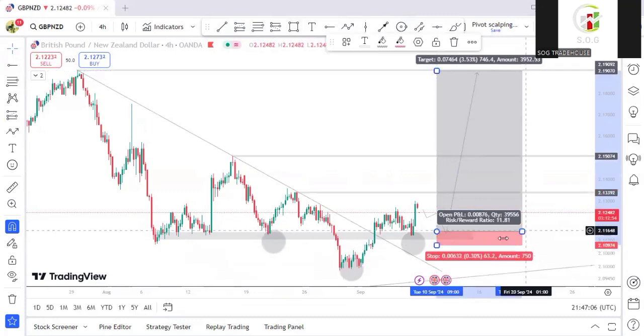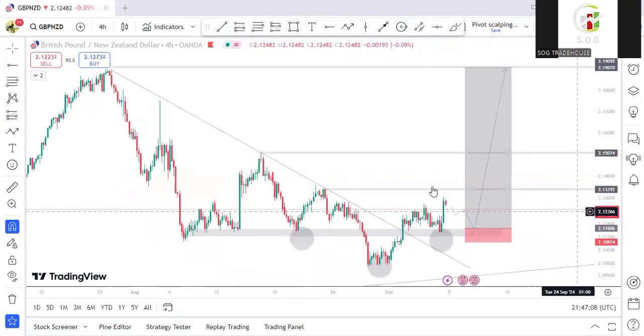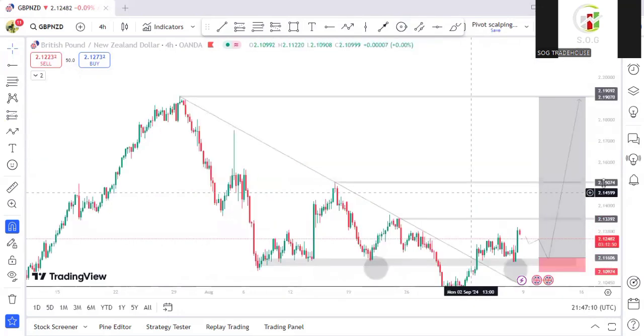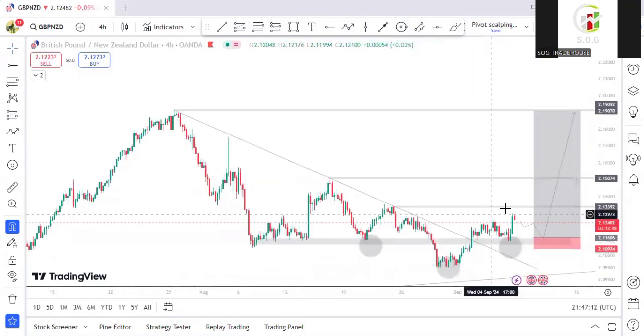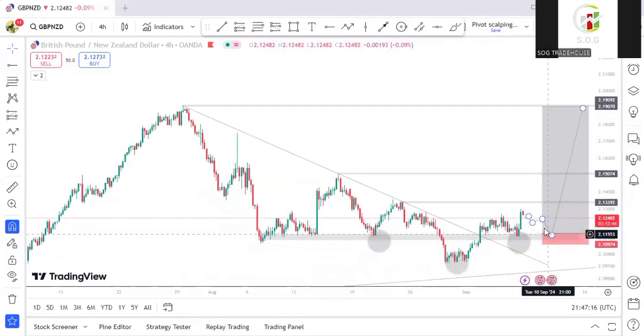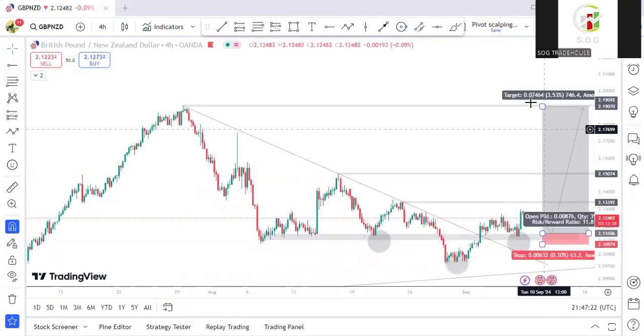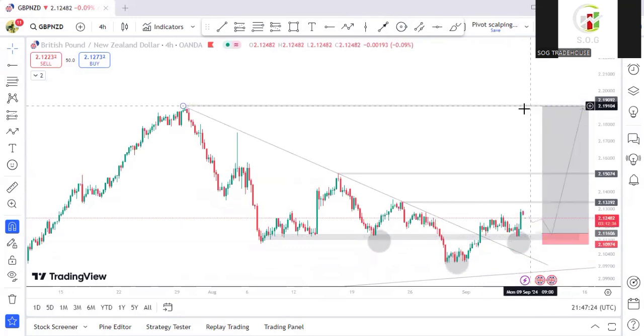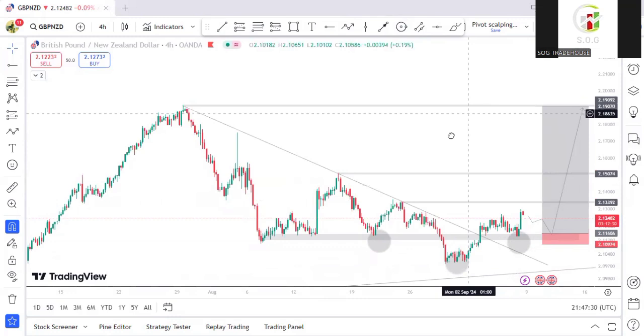So all you have to do is patiently wait for the market to retrace back to the support. And if we get our candlestick pattern at the support level, we'll take our entry, and our target will be this high over here. This will be our take profit 1, take profit 2, and take profit 3.